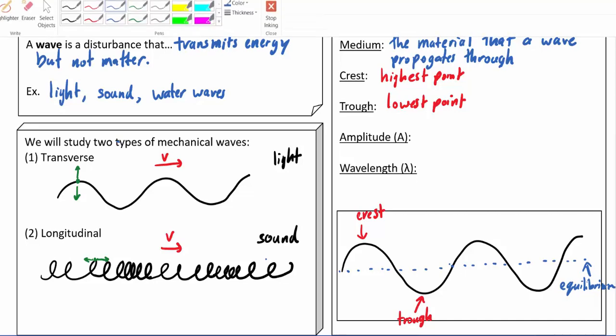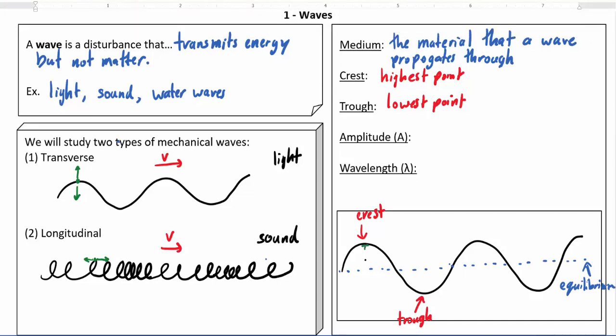And so the displacement from equilibrium, this distance here, we call amplitude. Now, you might look at this picture and think to yourself, well, the distance from the equilibrium point to the crest is probably also the same as the distance from the equilibrium point to the trough, and you'd be right.